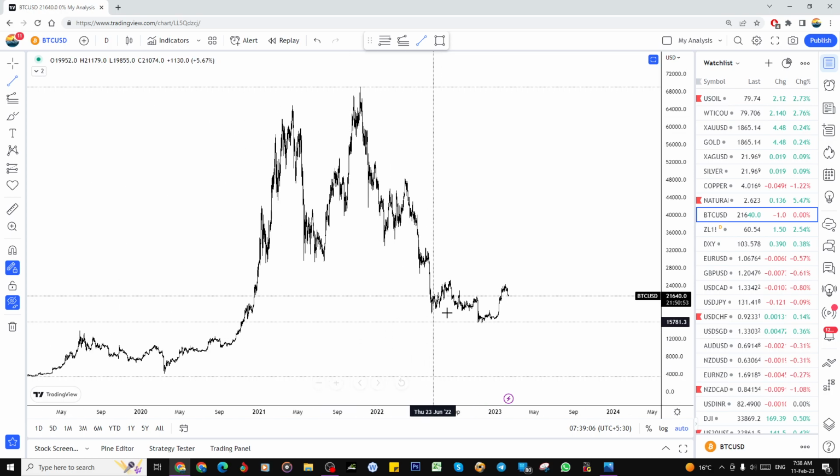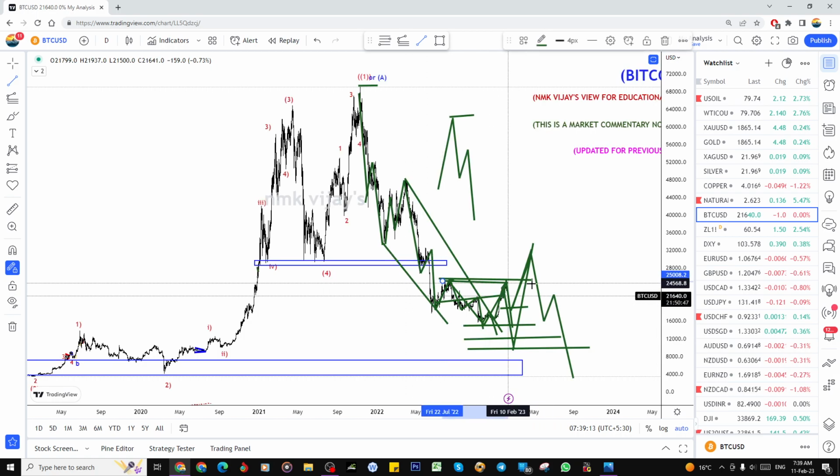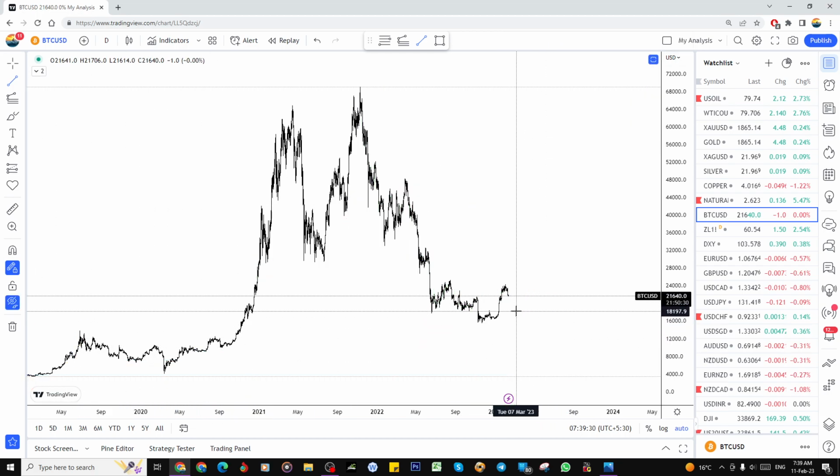We don't know whether this is an expanded flat or running flat, or it is going to be another triangle. Can't say. Or this is the end of the trend. No idea. But if it is struggling here, there is a chance for the downside again. But we can't reach a conclusion here.